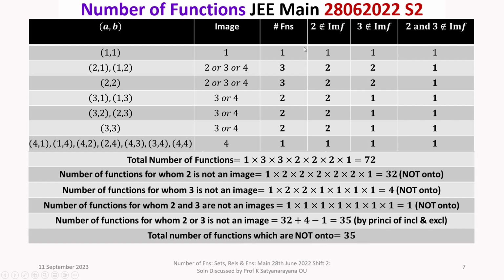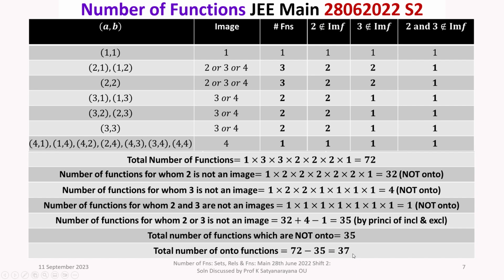So from the total number of functions, subtract the total number of functions which are not onto, and you will get the total number of functions which are onto. The total number of onto functions will be the total number of functions 72 minus the total number of functions which are not onto 35, and when you subtract you get 37. So the total number of onto functions is 37. That is the required answer.